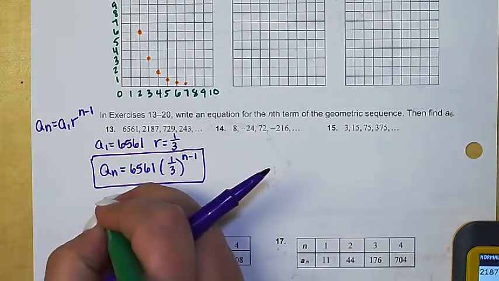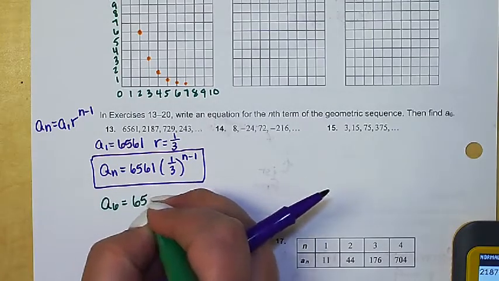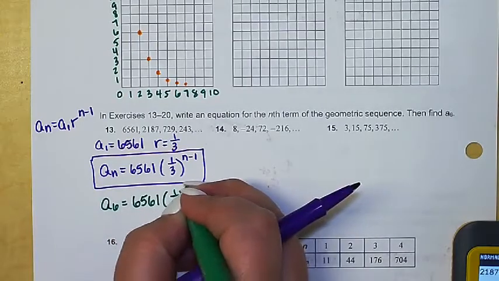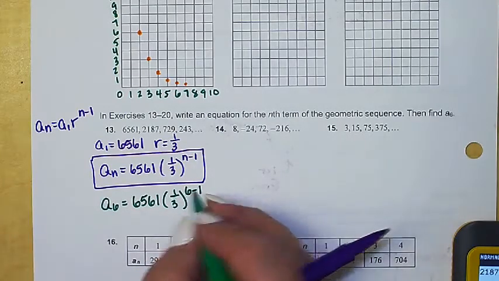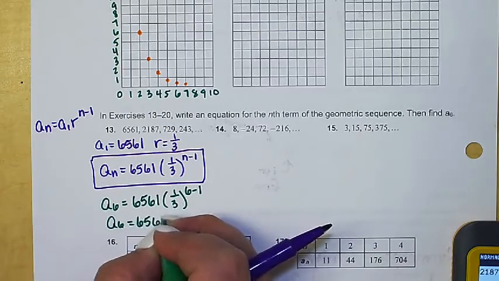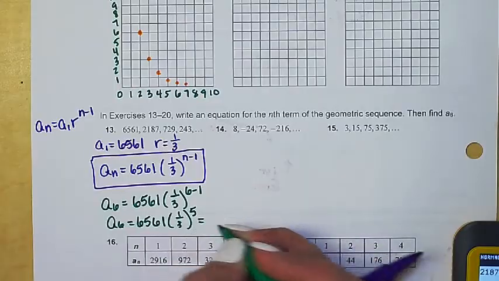So now if we want the sixth term in this sequence, all we have to do is plug that in for n, and show that here in our work. It would look like that. If we simplify that, we're looking at 1/3 to the 5th power. It's always one less.